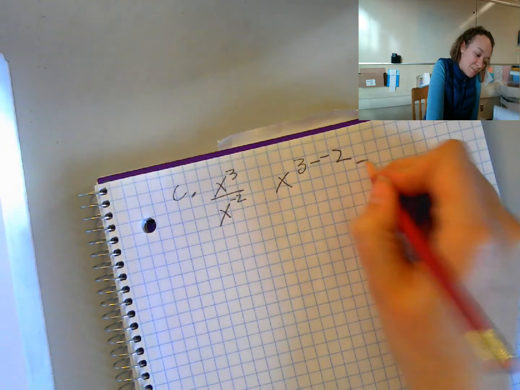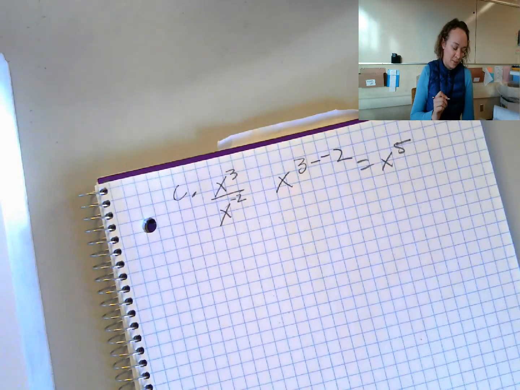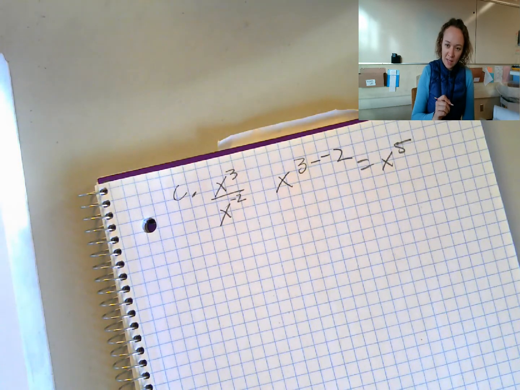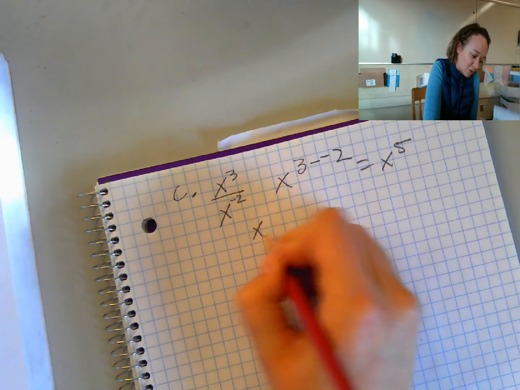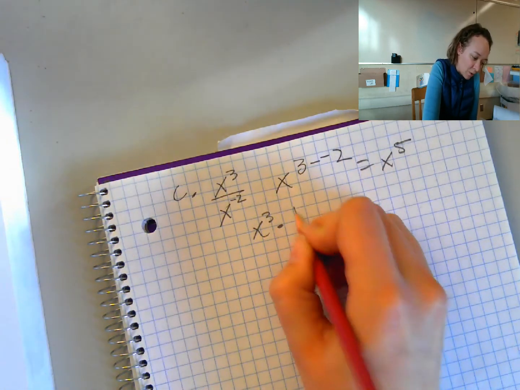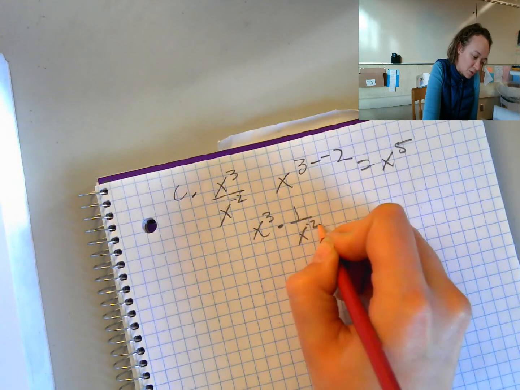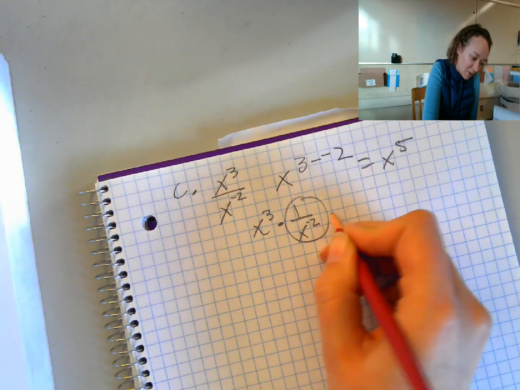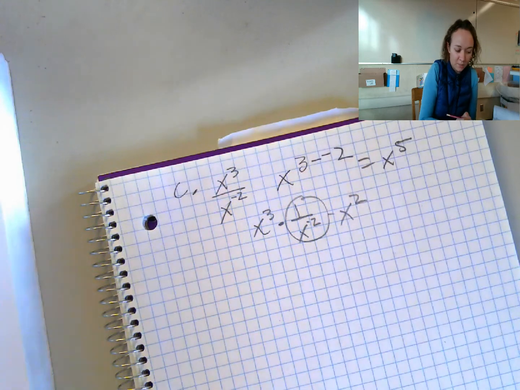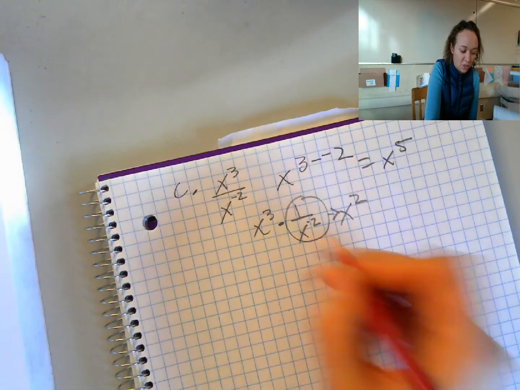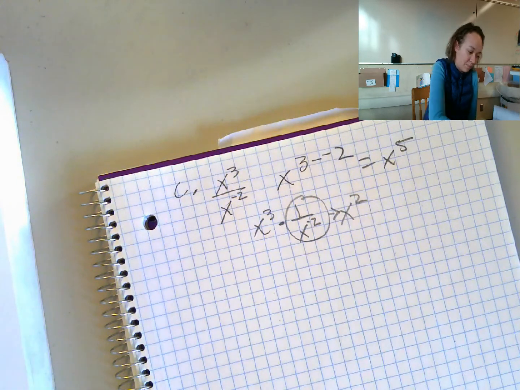So that would be x to the 5th. If you don't believe me on that, the other way to do this would be to say that this is x to the 3rd times 1 over x to the negative 2, and to know that that is the same as x squared. So x cubed times x squared would be x to the 5th.